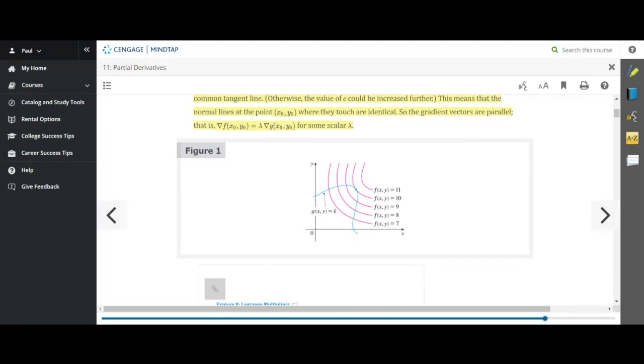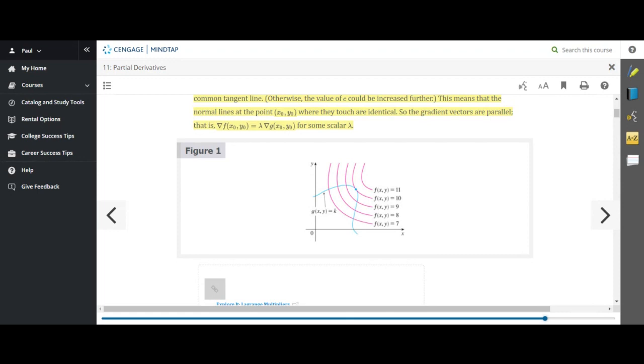So for instance, we want to know the highest value of the function f subject to the constraint. What would the highest value of the function subject to the constraint be? That's right, Ellie, 10. So indeed, you see the blue dot on that blue curve, the constraint curve.